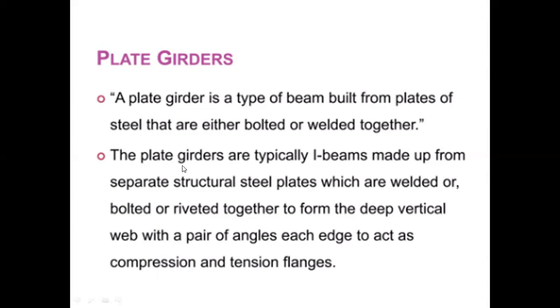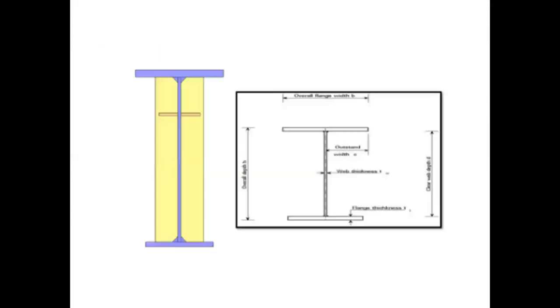The typical shape of a plate girder is the I section. The I beams are made from separate structural steel plates, which are welded, bolted, or sometimes riveted to form a deep vertical web member. At top and bottom we have compression flanges and tension flanges.